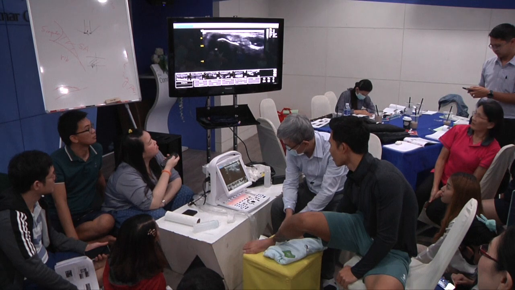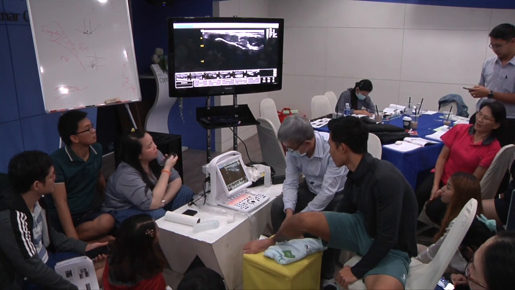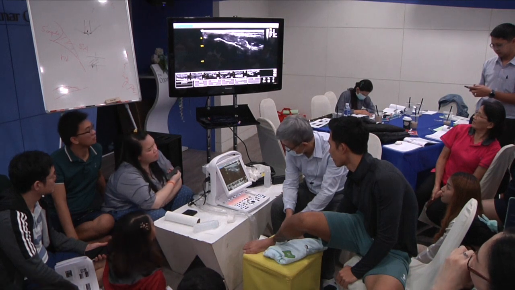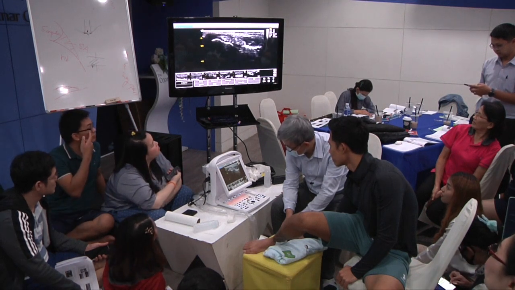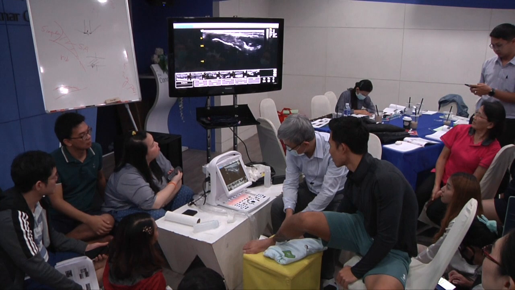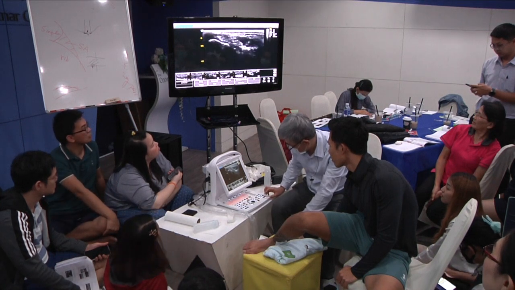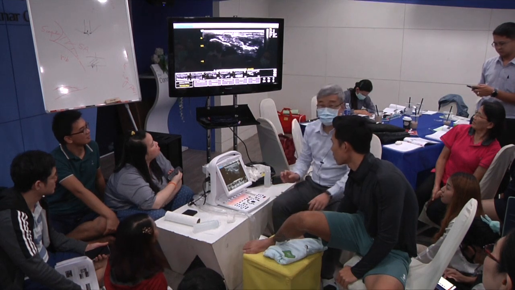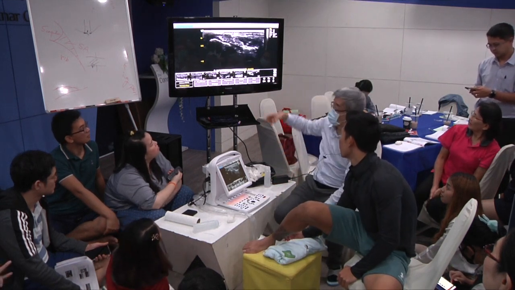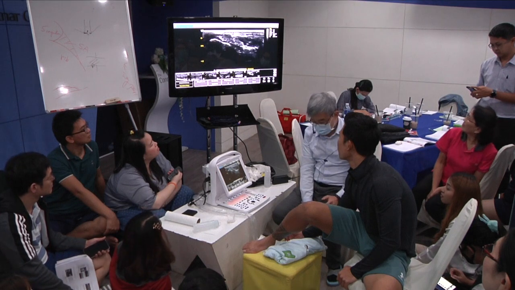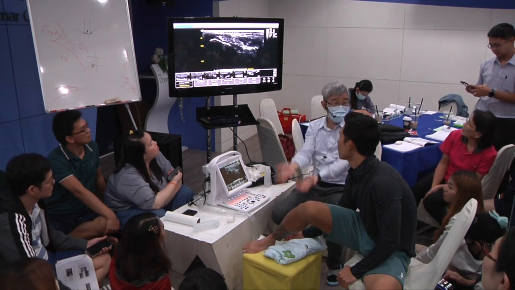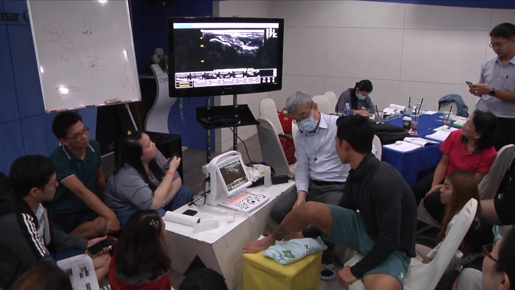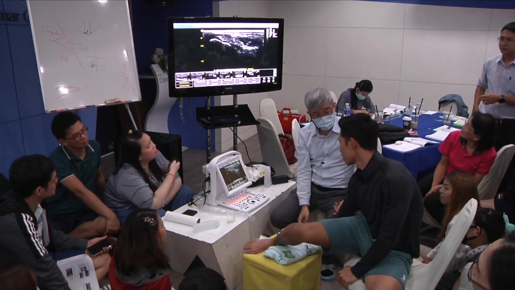This is the fibula, right? This is the peroneal, brevis and longus. Hold this for me. Let's have some fun. Which one is longus? Which one is brevis? Now it's above the malleolus level, right?